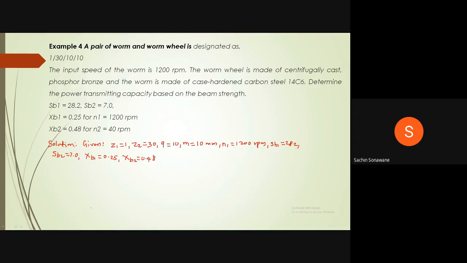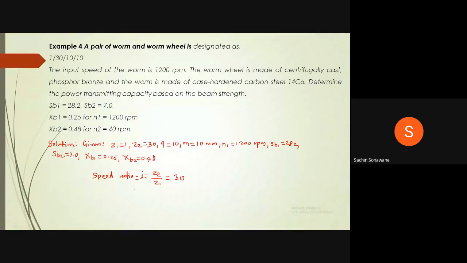Now we will first find out N2. We know the speed ratio is given. Speed ratio I is equal to Z2 upon Z1, which is equal to 30.